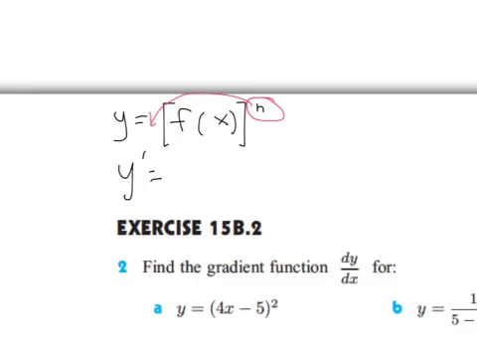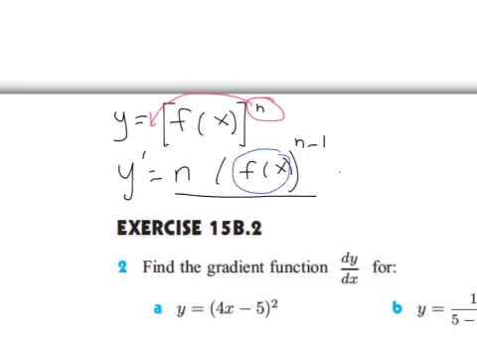So we'll have n times f of x, and then subtract 1 from the exponent, then multiply this whole thing by the derivative of what's inside the parentheses. So the derivative of f of x is what we're going to multiply. That's basically the chain rule. So let's move on to our questions.